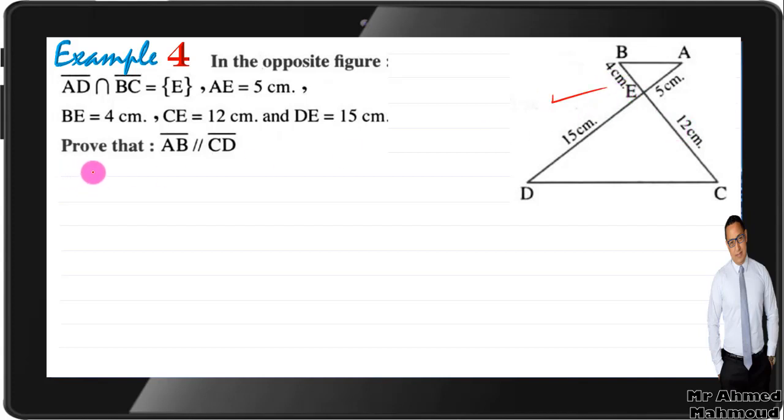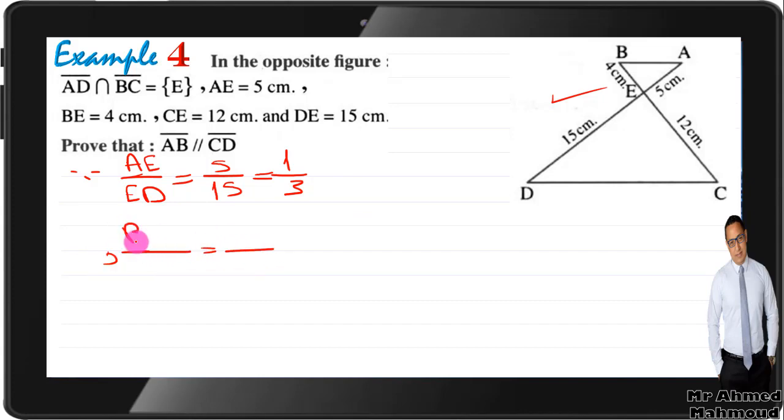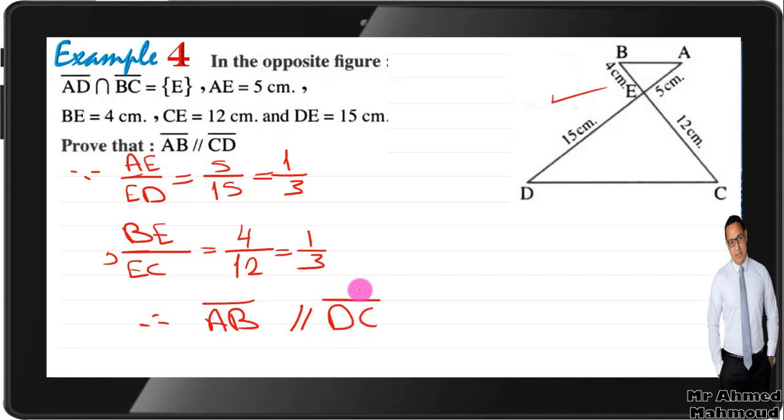Since AE over ED equals 5 over 15 equals 1 over 3, and BE over EC equals 4 over 12 equals 1 over 3, therefore AB is parallel to DC. It's a very easy question.